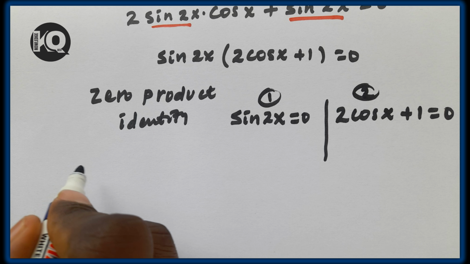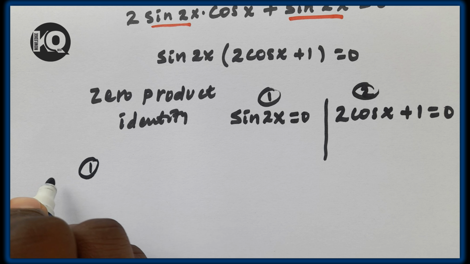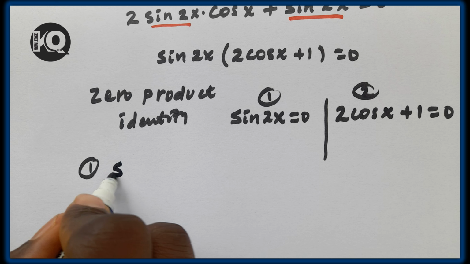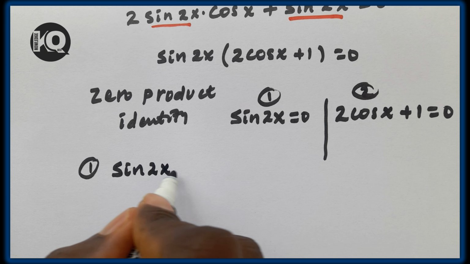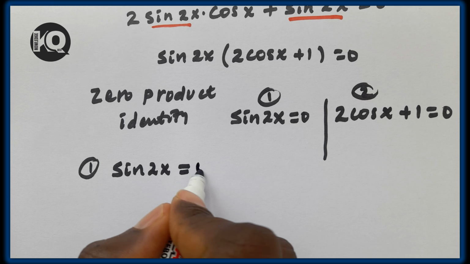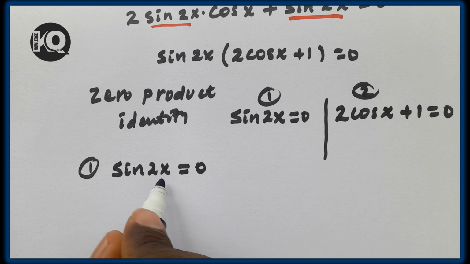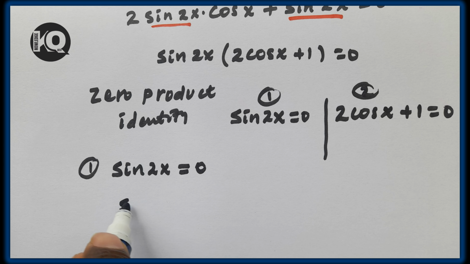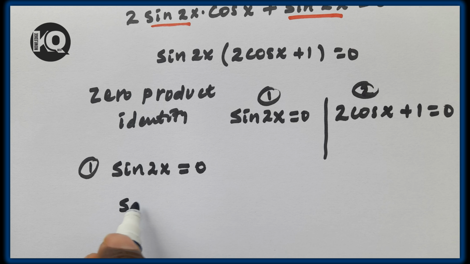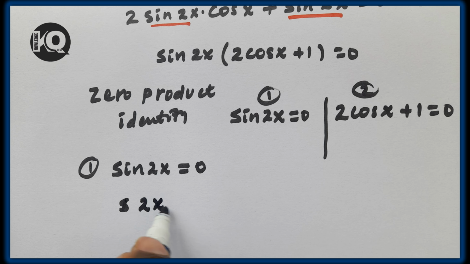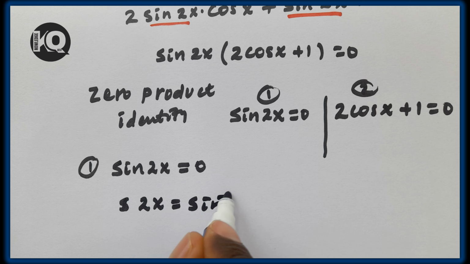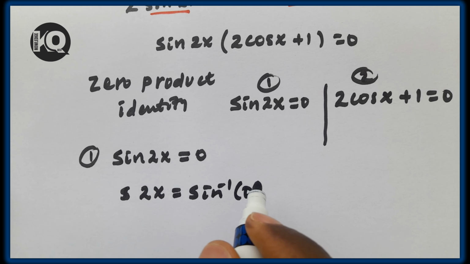So let's begin with case 1, which is sin 2x is equal to 0, which means 2x will be sin inverse of 0.